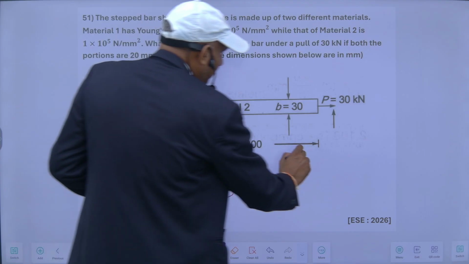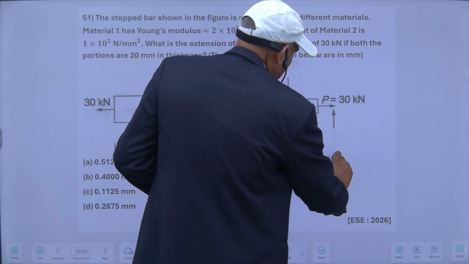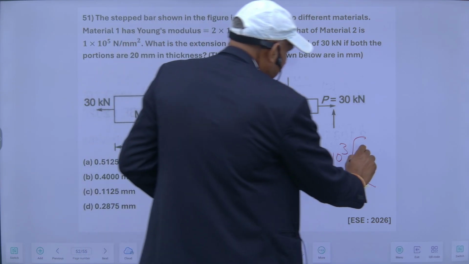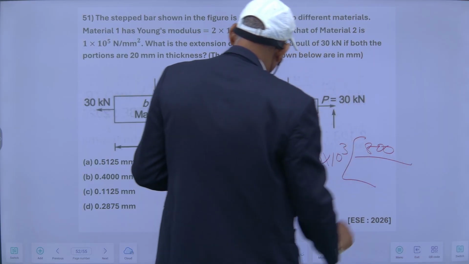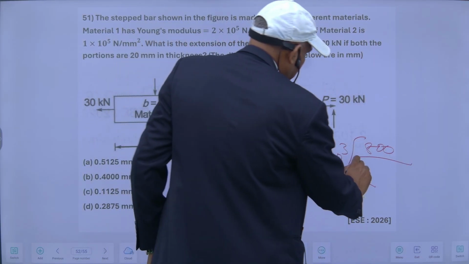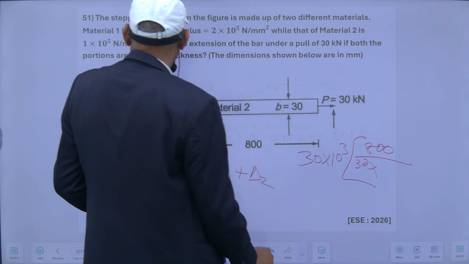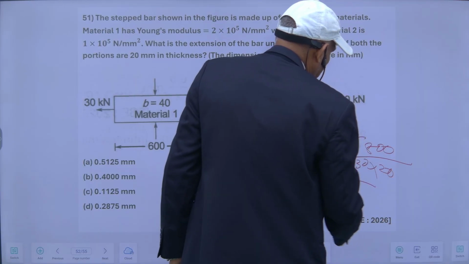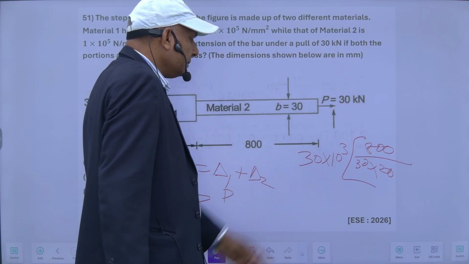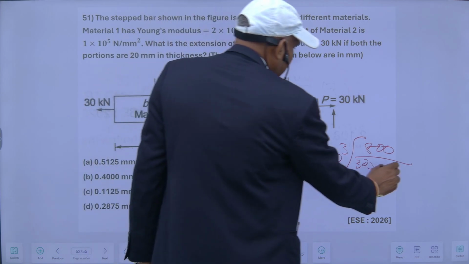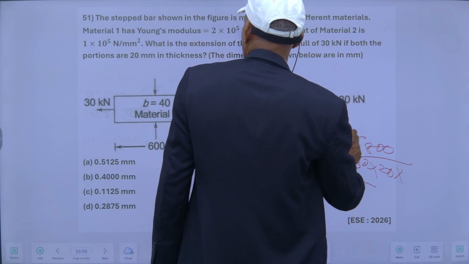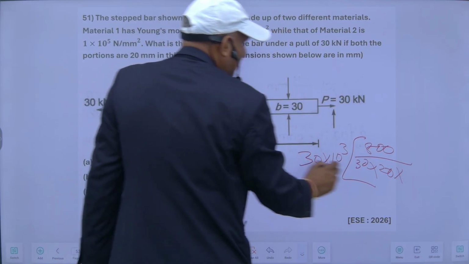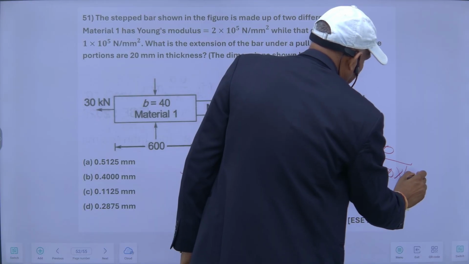So P is 30 into 10 raised to power 3, into length, in this case 800, upon area of this one, which is width into its thickness. So thickness is 20 mm. This will be L upon AE, and E for material 2 is 1 into 10 raised to the power 5.